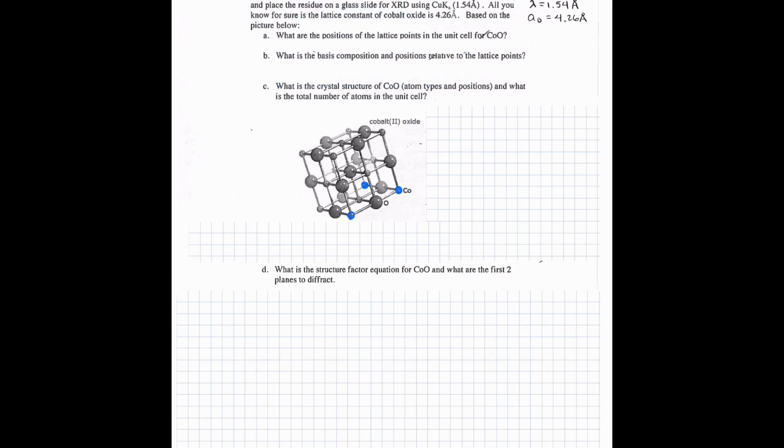I feel like that's what we're most familiar with. If you're starting to notice, we have an atom on each corner and one on each face, making this an FCC.